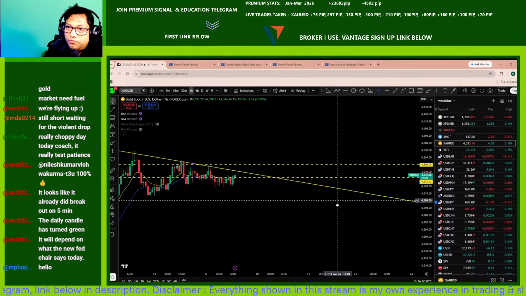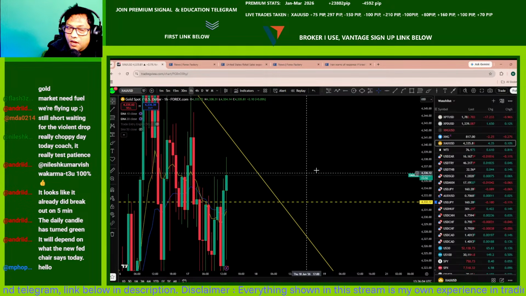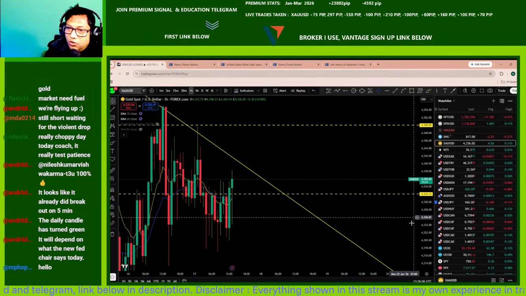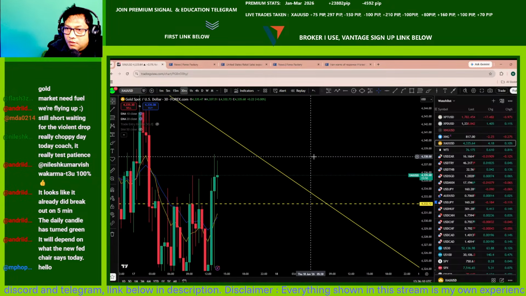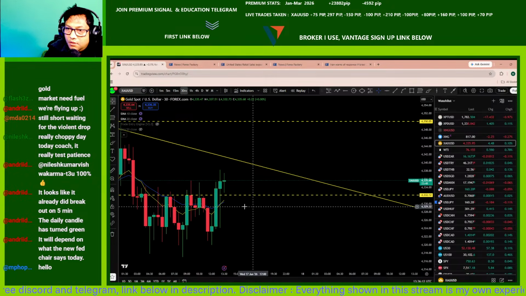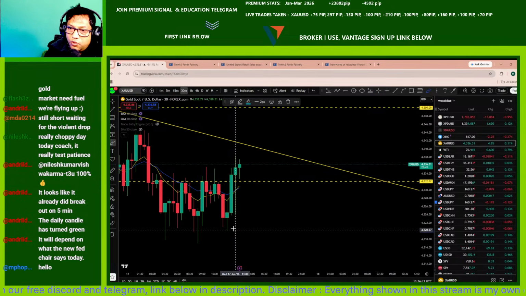Okay, so that said, looking here on XAUUSD, this is the 30 minutes price action from this support here.